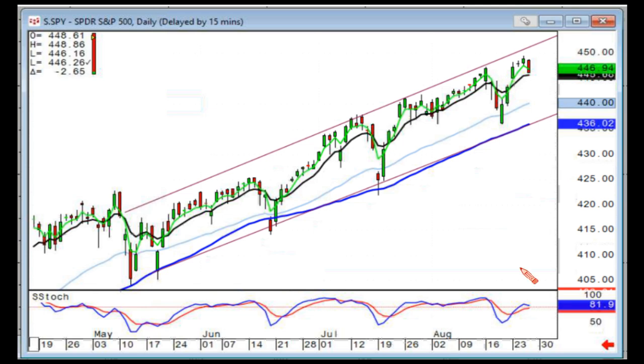The rule typically of an upward channel is that after 3 touches along support, which we can see we've had there in May, late June, and July, on the 4th touch, this is a high probability time for us to break down, and typically the amount that it will break down is the distance between the top of the channel and the bottom of the channel.